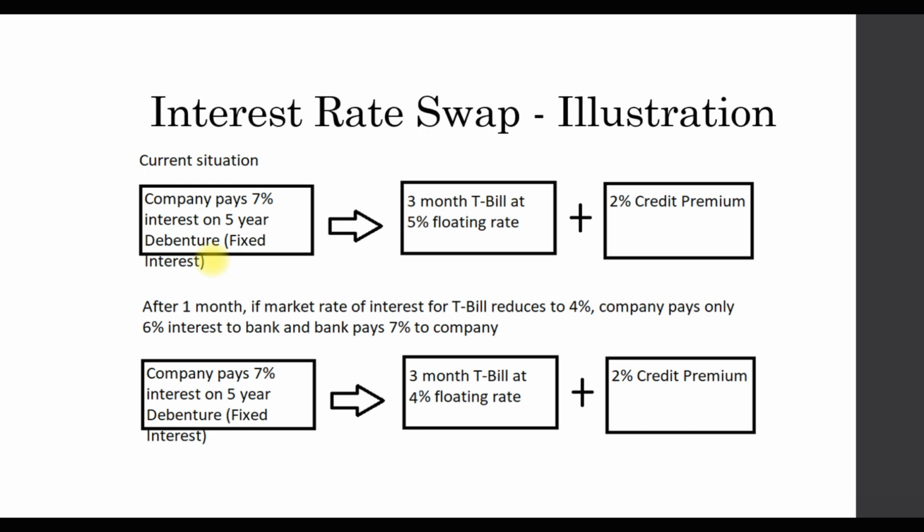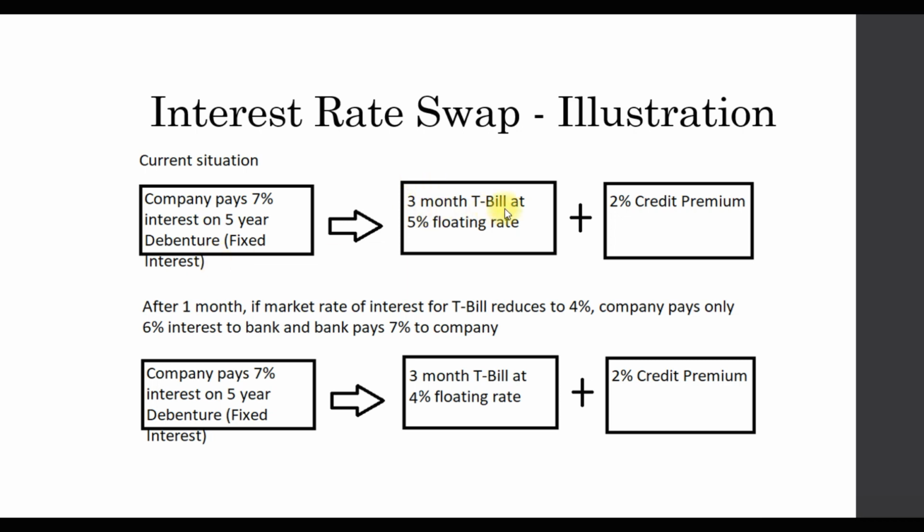So let us assume the market interest rate is declining, which is why the company wants to take advantage of it. It makes sense for the company to enter into an interest rate swap with its bankers, exchanging fixed rate for floating rate with the 3-month treasury bill rate as the benchmark.